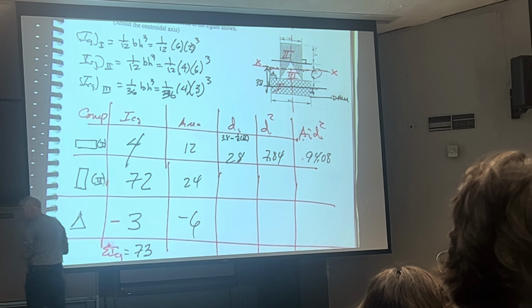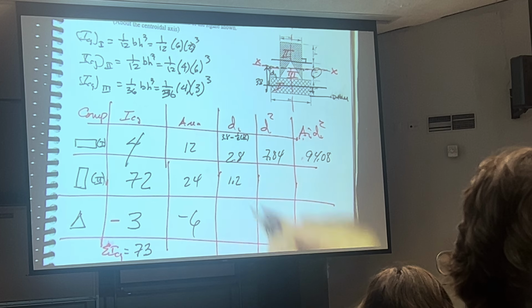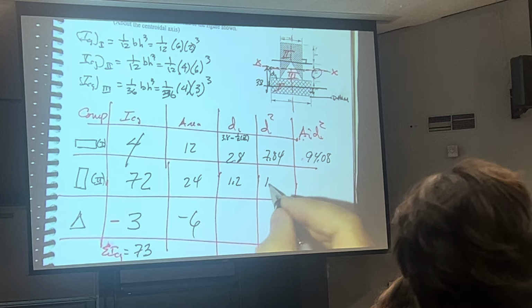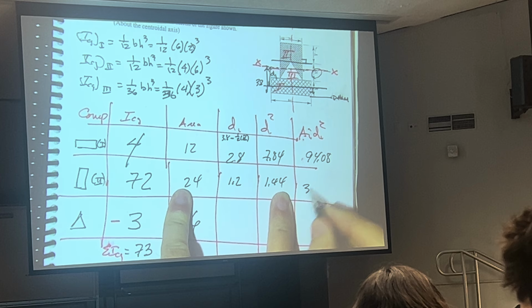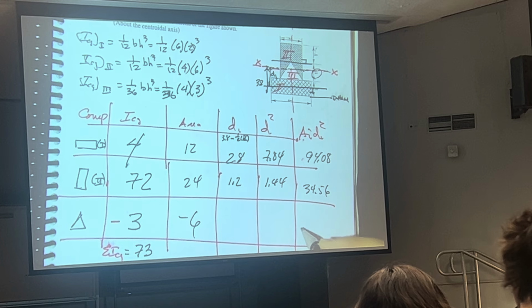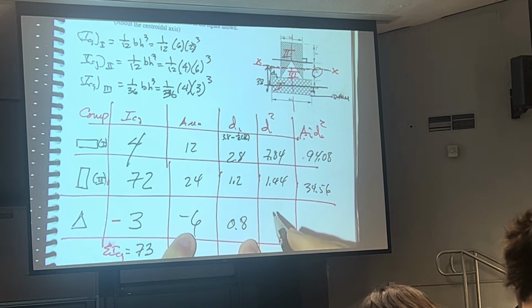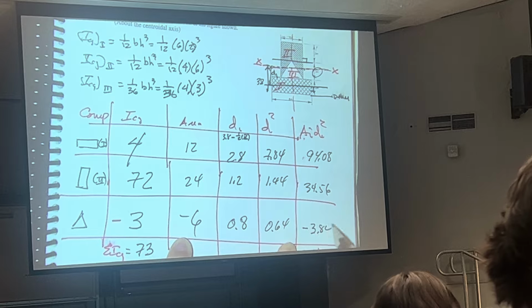It is not 2.2, it is 1.2. 3 minus the 1.8. Square it, 1.44. Multiply these two numbers together, 34.56. And then the DI for this guy is 0.8. Square it, 0.64. Multiply these two, you get negative 3.84.